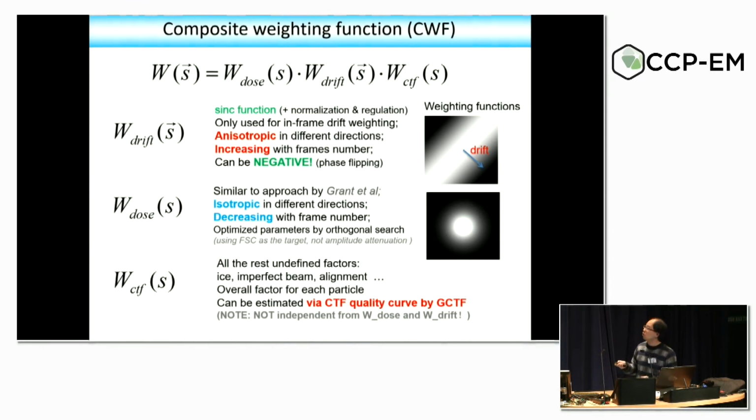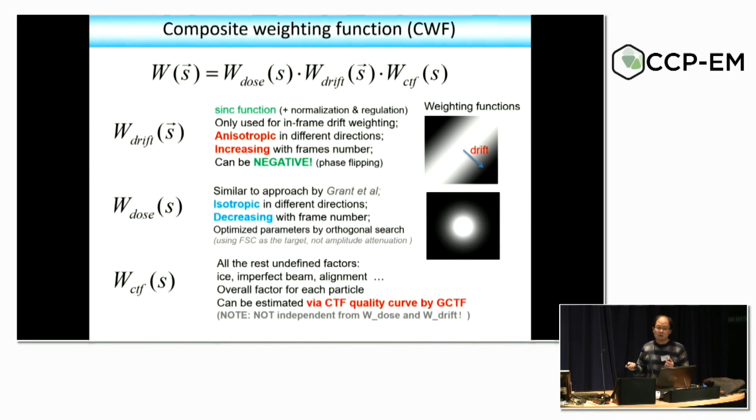I just want to quickly mention something. We can do even better when we benefit from all the local CTF, frame CTF, and particle CTF, etc. We can combine all this information to optimize our weighting functions, considering the effects from the dose, from the drift, and also from the CTF quality. And these weightings are quite different.